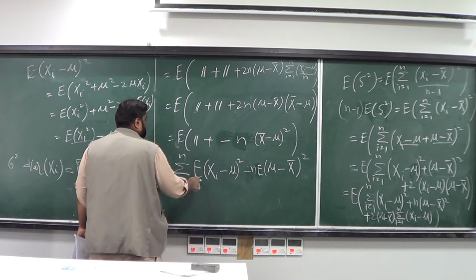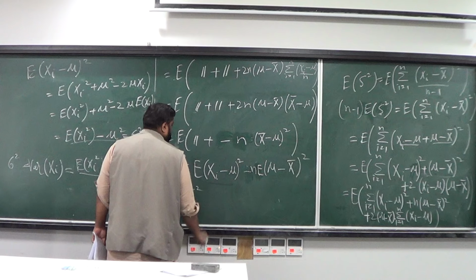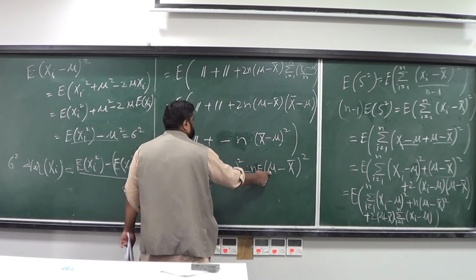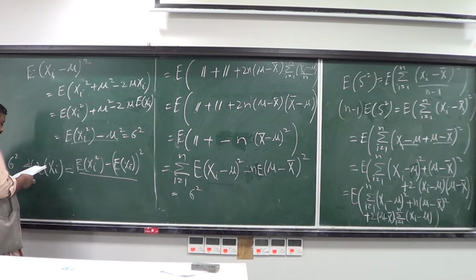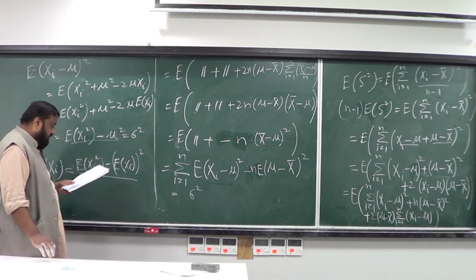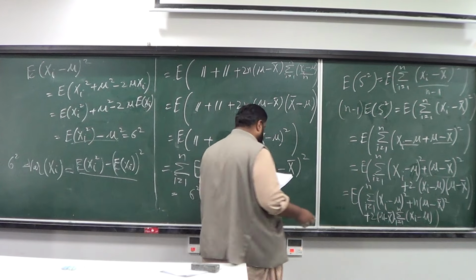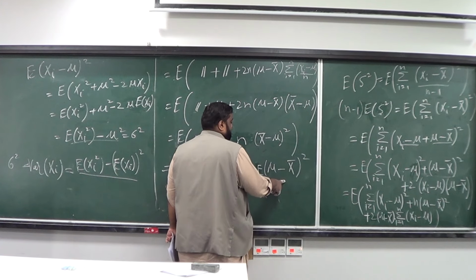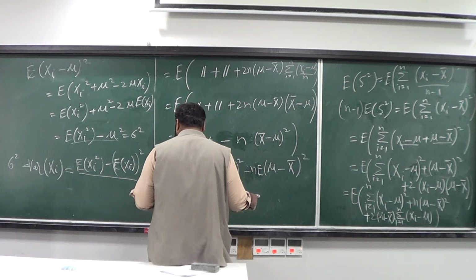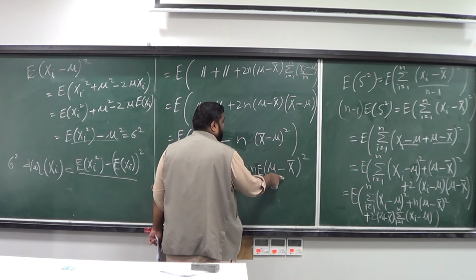So if this is sigma squared, summing up this sigma squared n times, you're going to get n sigma squared. What is this quantity now? The expectation of (mu minus x bar) squared. This can also be simplified, but you can also call it that this is really the variance of x bar. So the expectation of (mu minus x bar) squared is the variance of x bar.